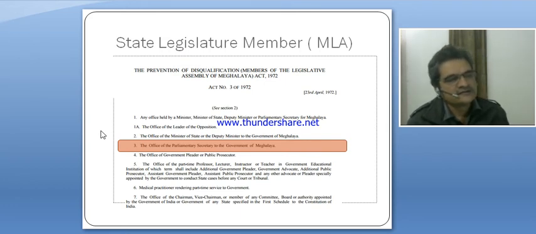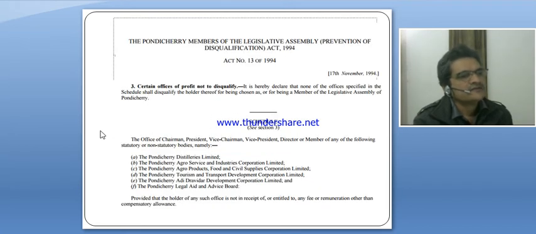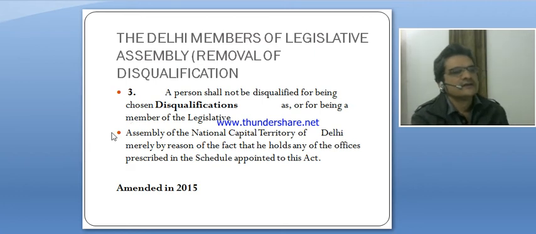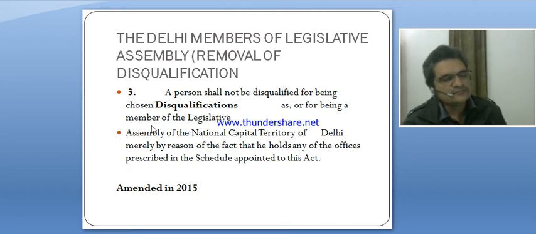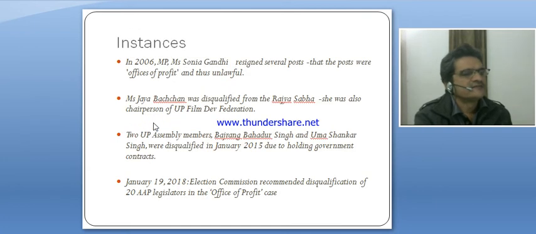So in the other states this has been done. This is for Pondicherry. You can see there are various offices they have listed, and for Delhi also we have an act, but as I said, the parliamentary secretaries are not mentioned there. So that's the position as it stands today.